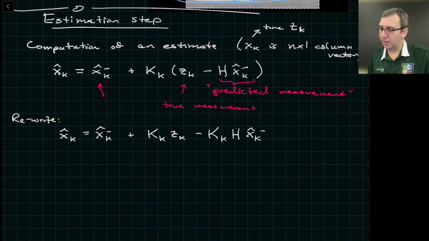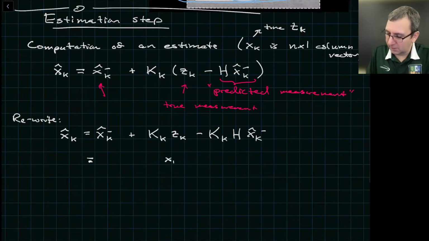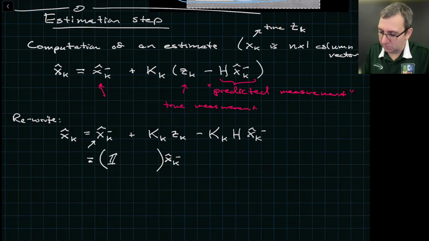I'm going to group the xk minus terms, so it looks a little different. So this is all going to be multiplied by xk minus. I'm going to have a matrix here in front. So it's implied that if I just have this vector by itself, there's the identity matrix, and then I subtract K h.